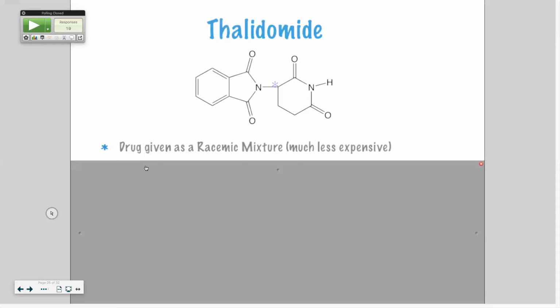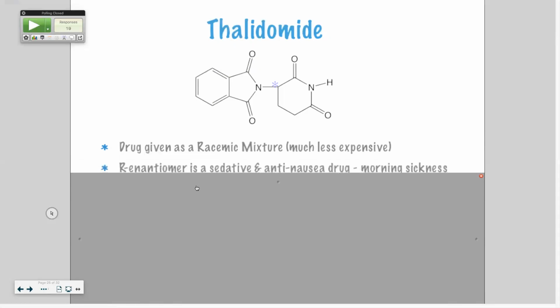This drug was given as a racemic mixture. It was cheap. It was given because it is a sedative and anti-nausea drug. And what do a lot of pregnant women have in their first trimester? A whole lot of nausea.